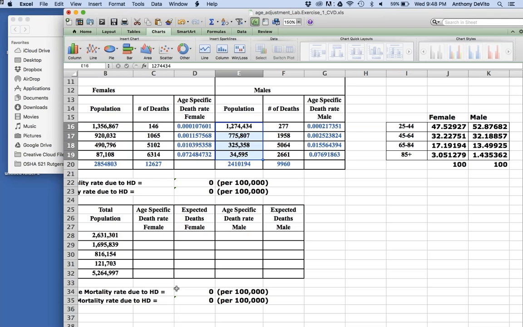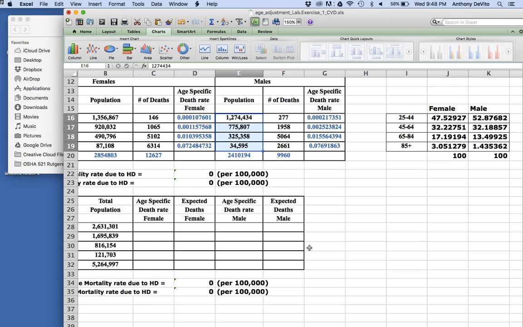Okay, so, and what am I going to use as a single population? Well, one thing I might use as a single population is just to choose either the population of females or the population of males and apply both death rates to each of those individual populations, to that same population. So we have an even playing field. In this case, I decided, well, instead of doing that, you know what I'm going to do?